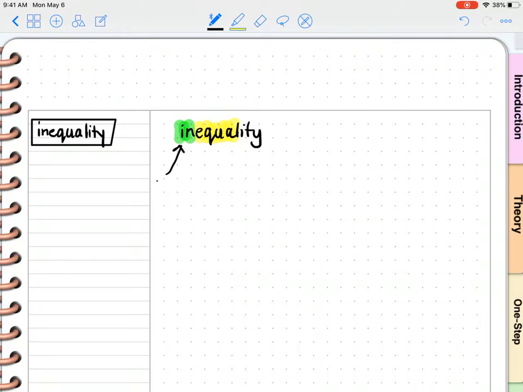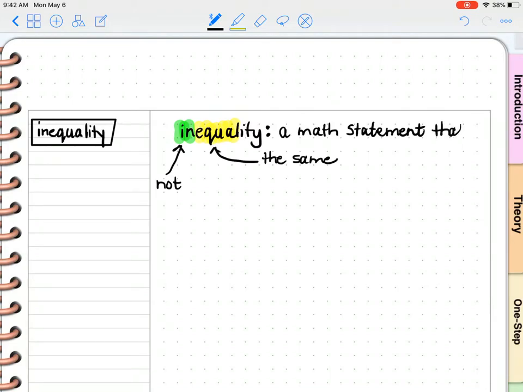This means not, and equal means the same. So an inequality is a math statement that says two amounts are not equal.